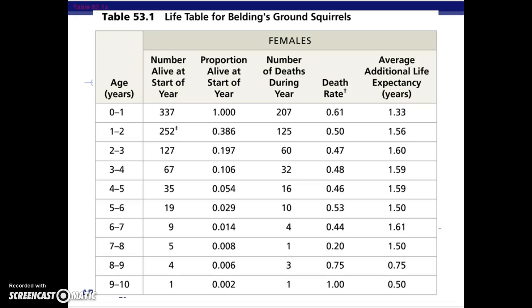So they survive up until age 2, but then between 2 and 3, it goes down by half, and then it goes down by half again in the next age group, and then down by half again in the next age group. So you can start to see some patterns in death rates.